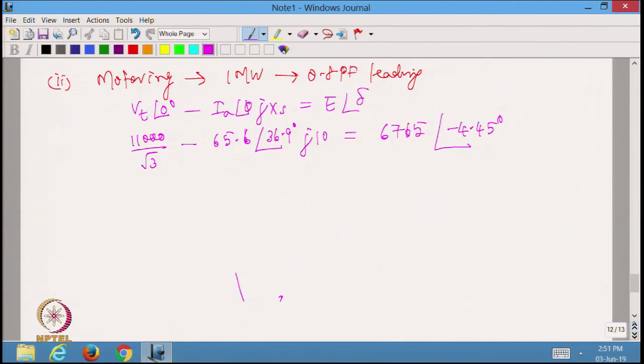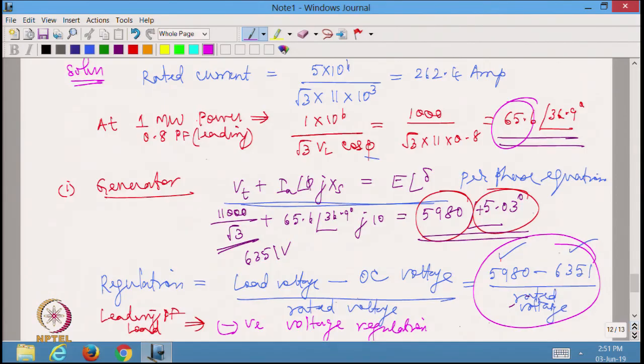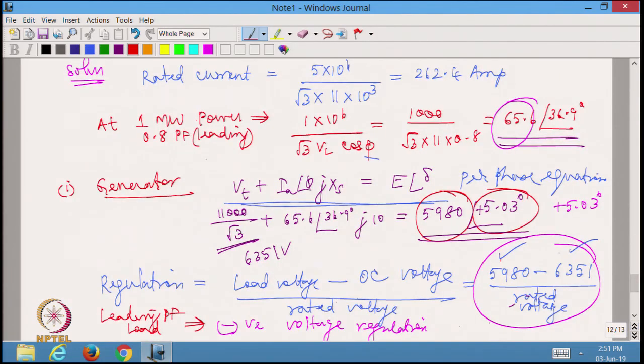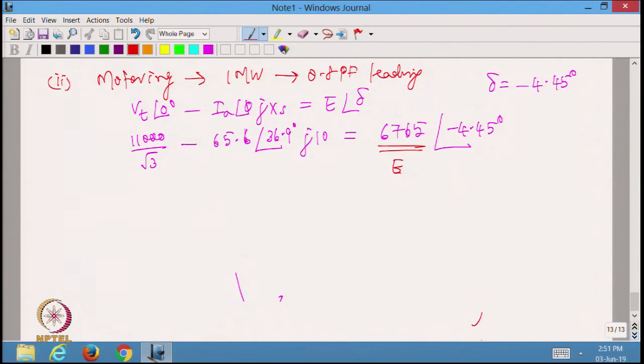Please note, in the previous case delta was plus 5.03 degrees, whereas in this case delta happens to be minus 4.45 degrees. And similarly, this happens to be E, whereas in the previous case the E was only 5980.